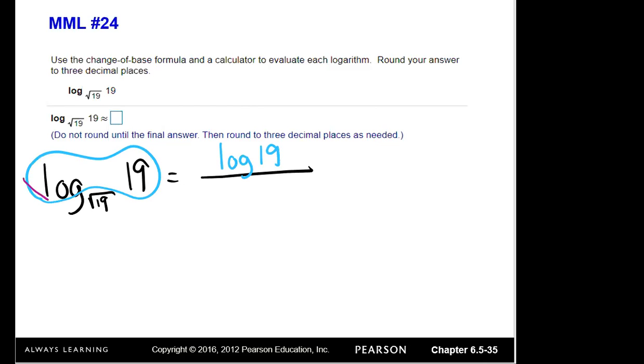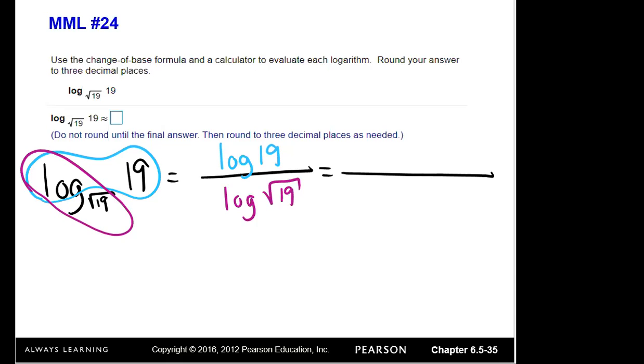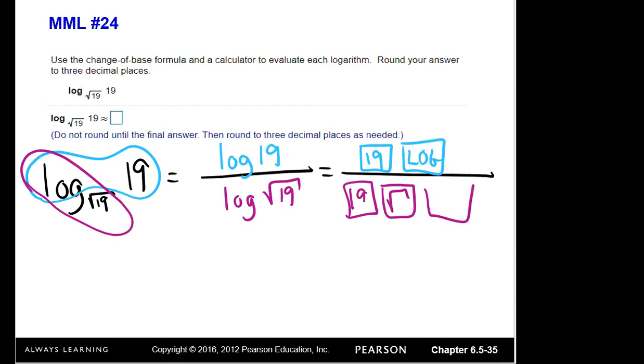And then you'll take the log of the square root of 19. And so on this one, what I did is I hit 19 and then log for my numerator. And then for the denominator, first you have to hit 19, then you have to hit the square root button, and then you have to hit the log button.